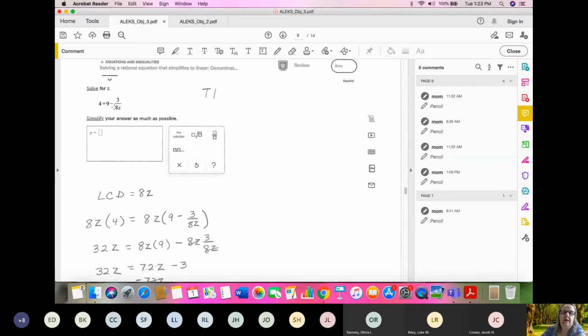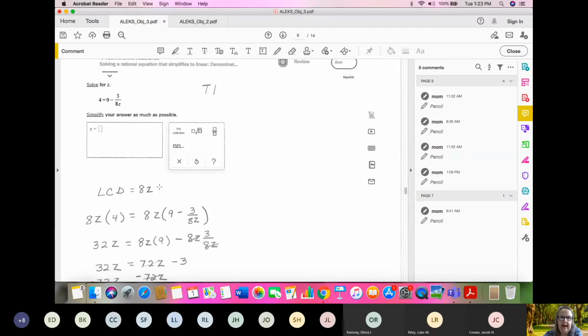Let's keep the negative sign with the numerator. It'll make it easier. So we want to note this denominator. So our LCD, in the case where you just have a single visible denominator, is that single visible denominator, which is 8z in this case.